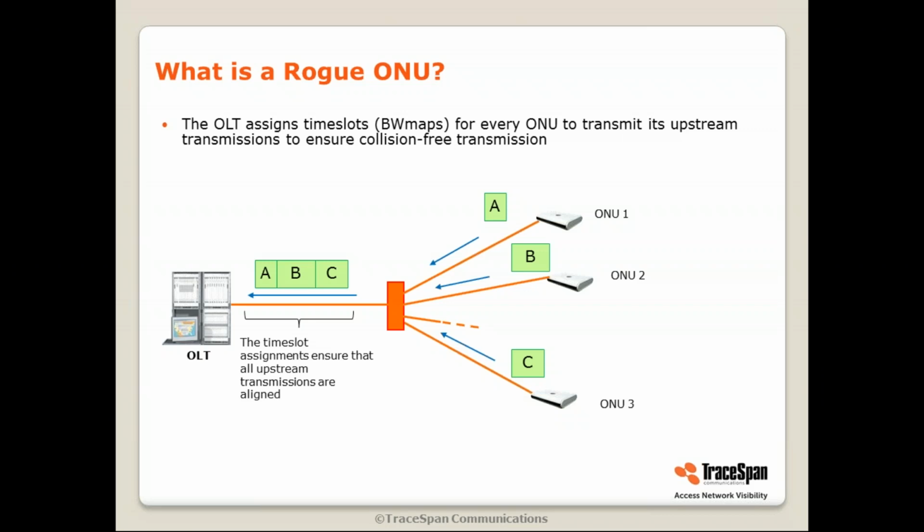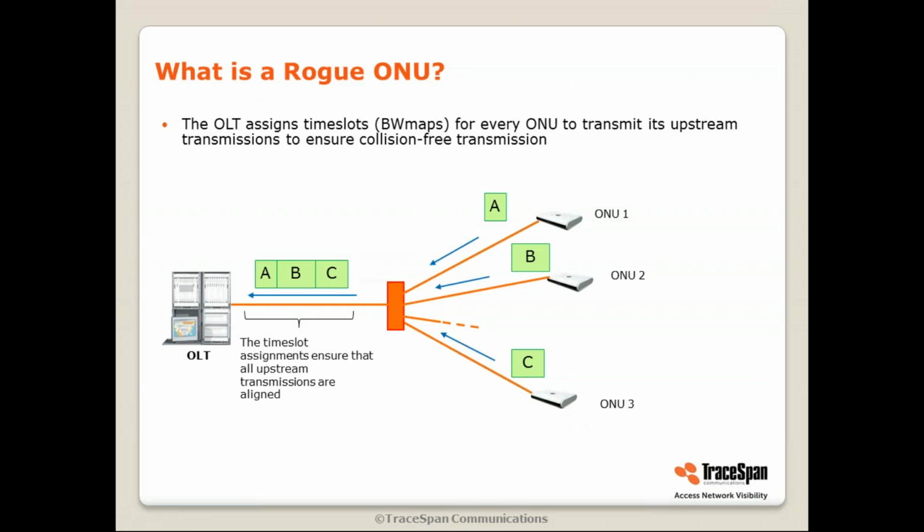For the upstream transmission, the OLT assigns time slots, which are called bandwidth maps or BW maps, for every ONU to transmit its upstream transmissions. This is to ensure collision-free transmission because the fiber from the OLT to the splitter is a shared media, and to ensure that each ONU transmits in its own time slot and doesn't collide with the others, you need these time slot allocations. This is called TDMA.